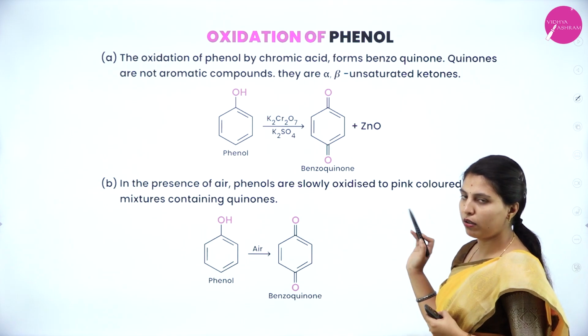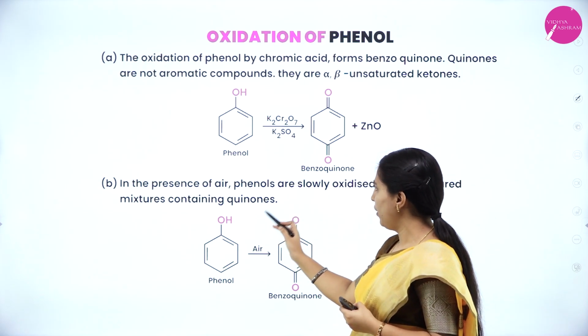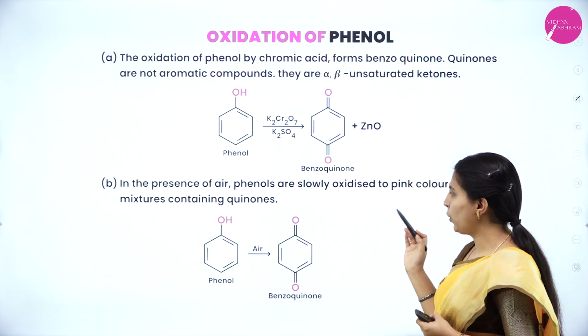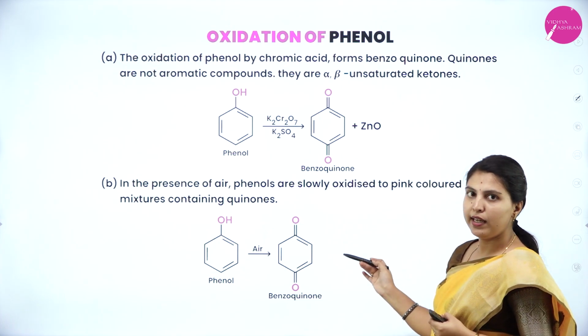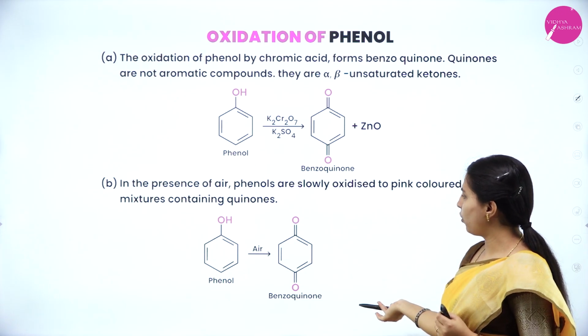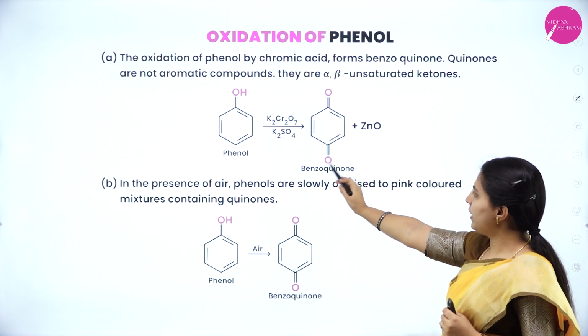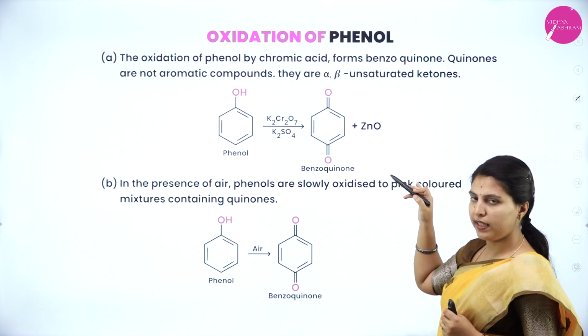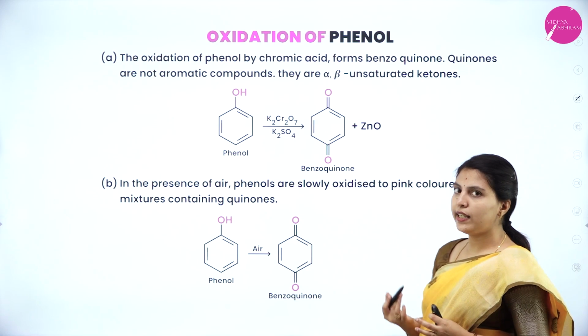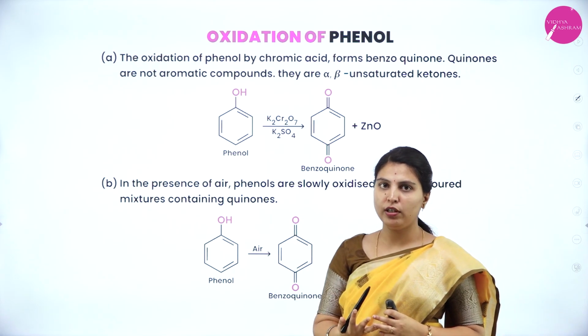In the presence of air, phenols are slowly oxidized to pink colored mixtures called quinones. In the presence of air also, it will get oxidized to form benzoquinone, but in the presence of an oxidizing agent, it will form benzoquinone a little bit faster. These are all the chemical properties of phenols.